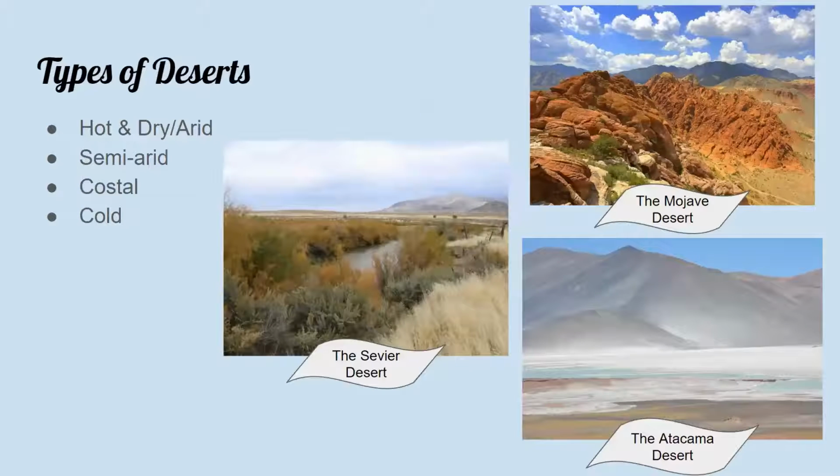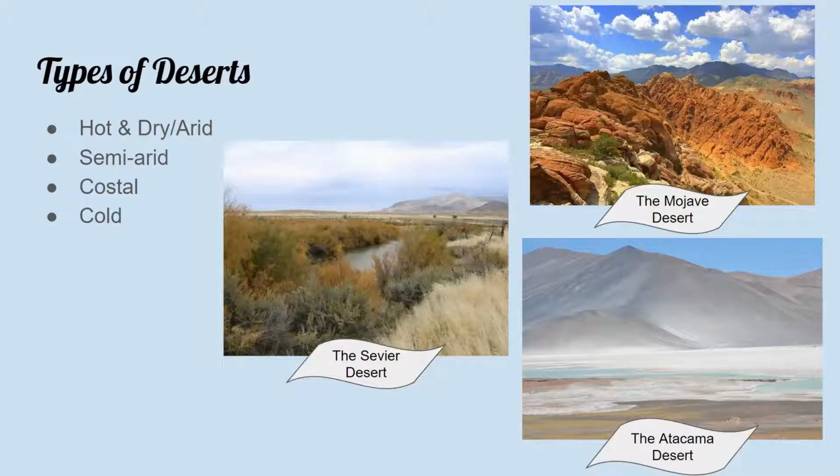There are 4 different types of deserts. The first one is the hot and dry desert. This one is going to be warm and dry year-round. So think of classic deserts like the Sahara Desert or the Mojave Desert.